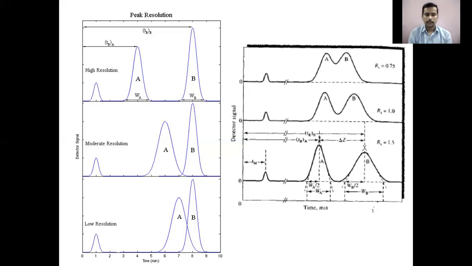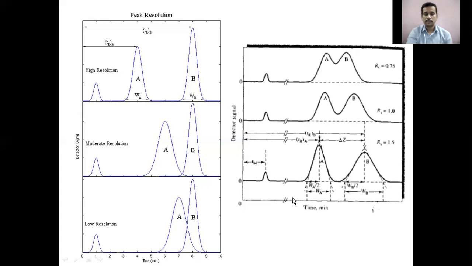So like this, the parameters such as retention factor or capacity factor, the selectivity factor or separation factor, and the resolution are the three important parameters, and we have to understand the mathematical expressions in order to calculate the values. By calculating the values, we will be able to say whether the column is suitable for the separation, whether the solute is getting separated properly or not, and whether there is any necessity to modify the chromatographic condition. All these things are going to be decided by these parameters.